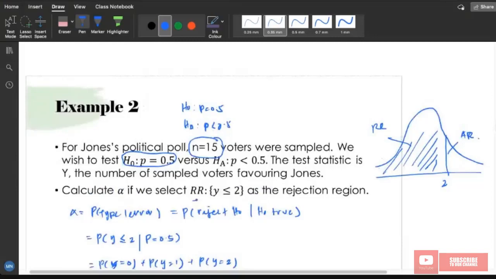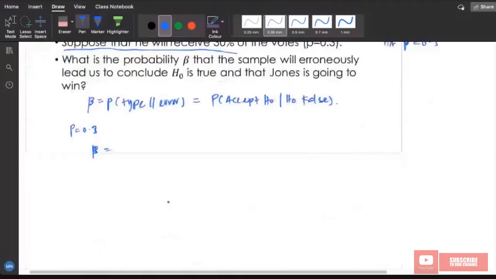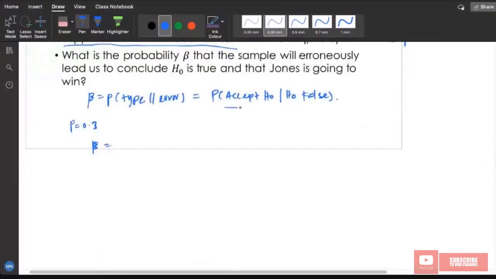Y less than 2 is when we reject the null hypothesis, and more than 2 is when we accept the null hypothesis. So our condition now is we accept the null hypothesis: probability of Y more than 2, when the probability of success is 0.3, right?